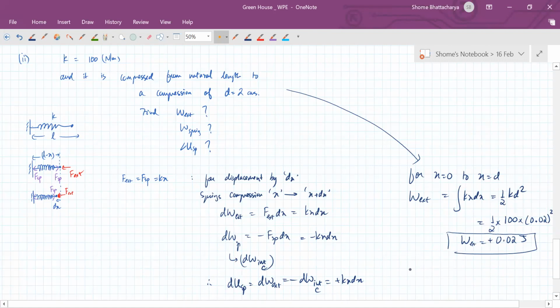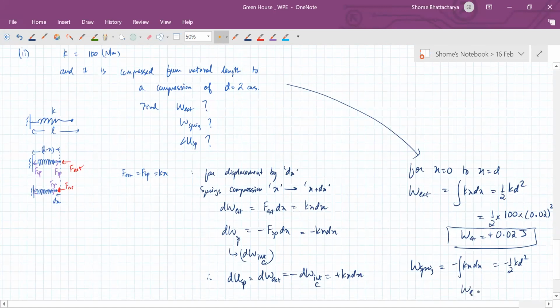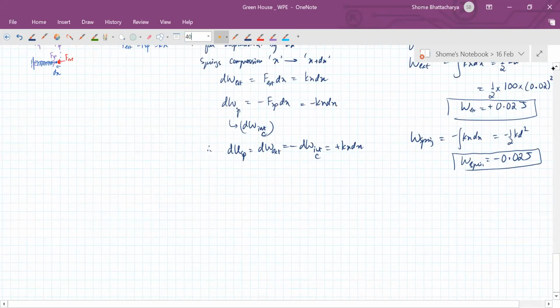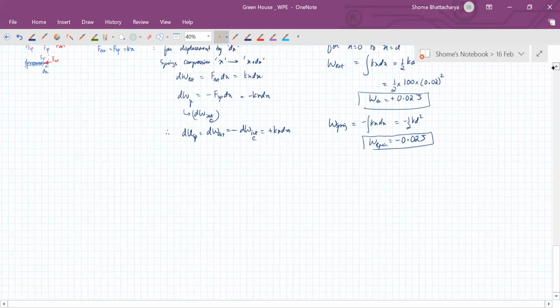Whereas the work done by the spring force will be minus kx dx integrated. So that will be minus half kd squared, which will come out to be minus 0.02 joules. And hence the change in potential energy, as expected, will come out to be positive half kd squared.